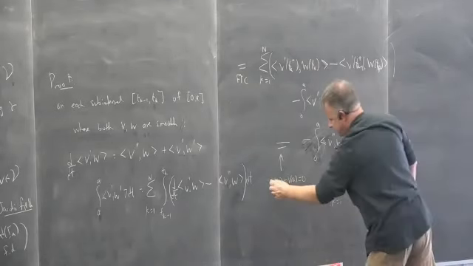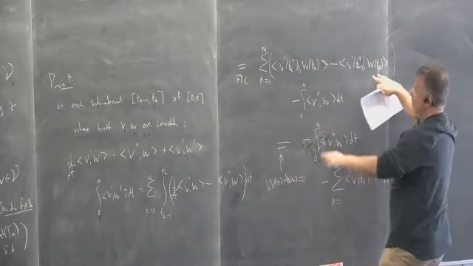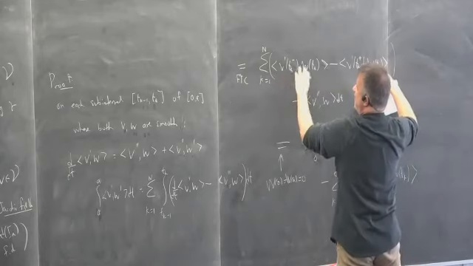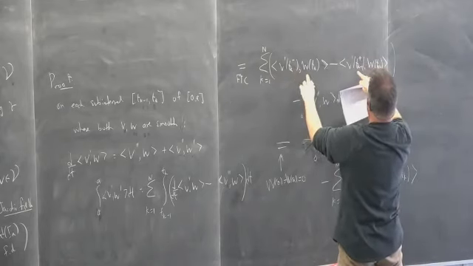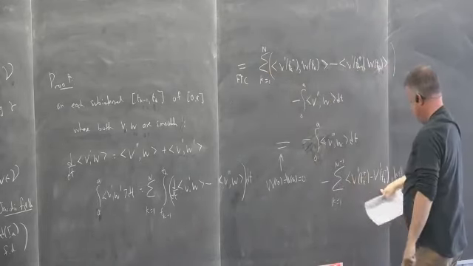And this is because w vanishes at the two endpoints. Okay, so when k equals 1, this term isn't here, and when k equals n, this term isn't here, and then you see the other ones come with the plus sign has a minus. So that's what I've done here.